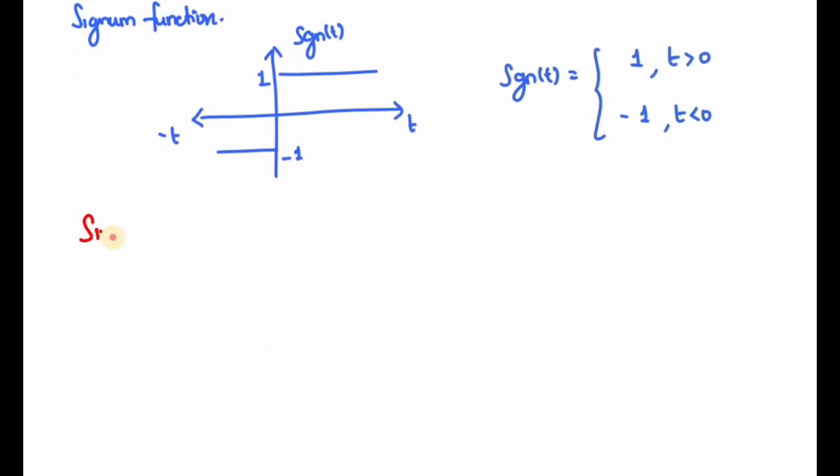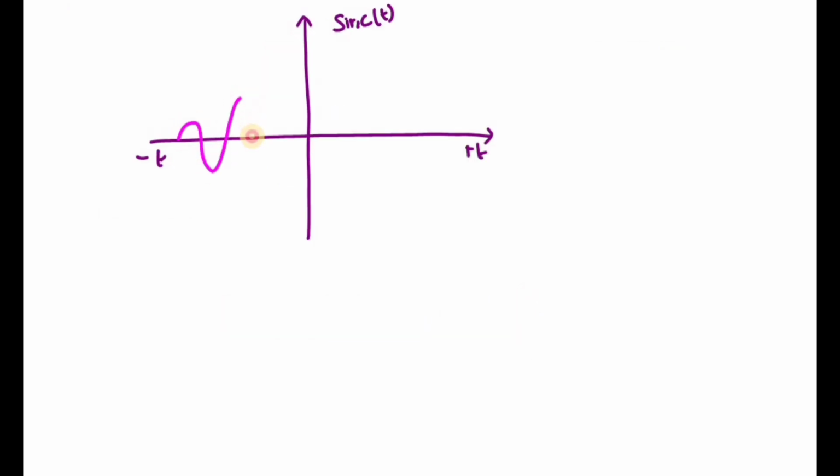Next one is the sinc function. So the sinc function, sinc of t, is equal to sine t divided by t, for t ranging from minus infinity to infinity. So this is how the signal looks like.